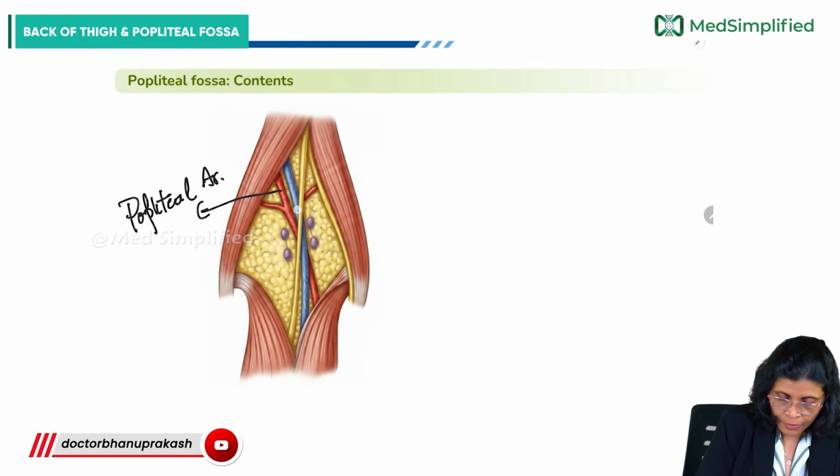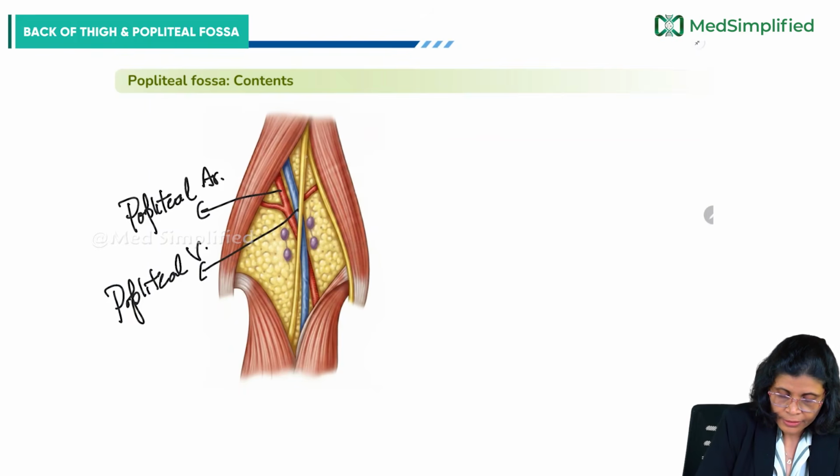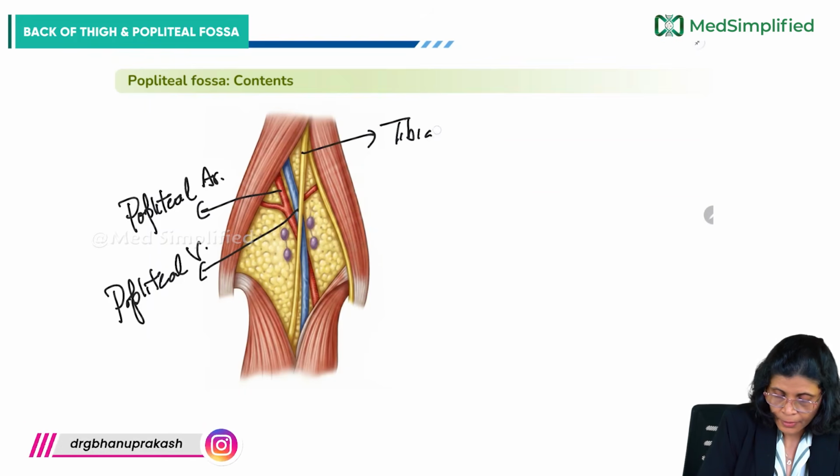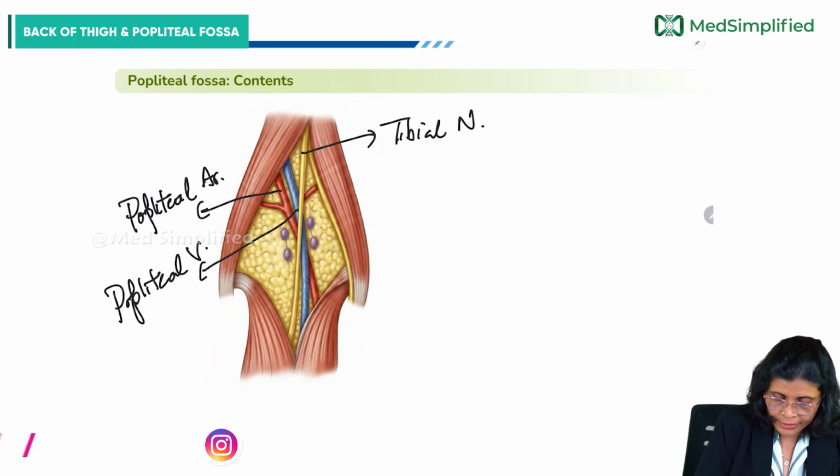Then we have the popliteal vein. This is the tibial nerve. Tibial nerve will be running vertically downwards. Then here on the superolateral aspect we will see the common peroneal nerve.